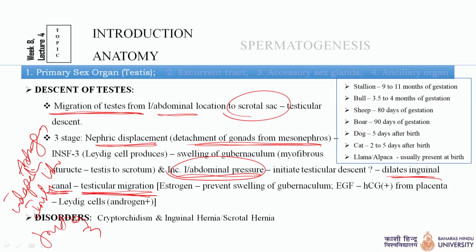Hormones such as estrogen prevent the swelling of the gubernaculum. As a result, definitely the testicles will not descend. Whereas the epidermal growth factor, which is secreted by the testis, has a positive effect on human chorionic gonadotrophin release from the placenta, and this acts on the Leydig cells to release androgen.